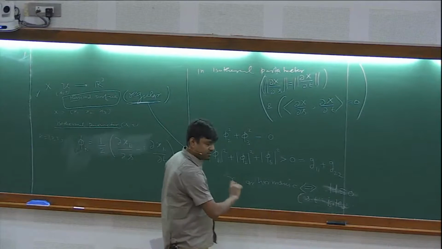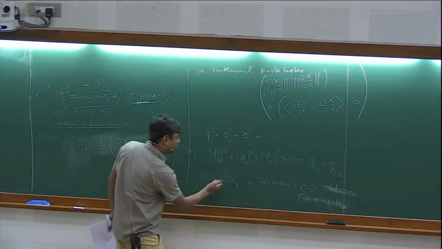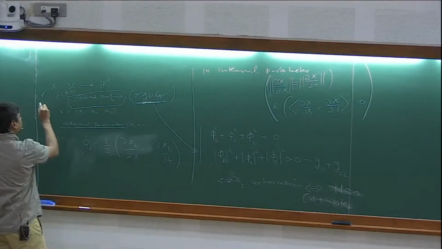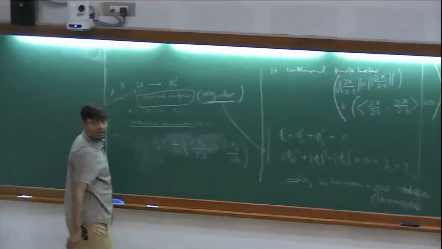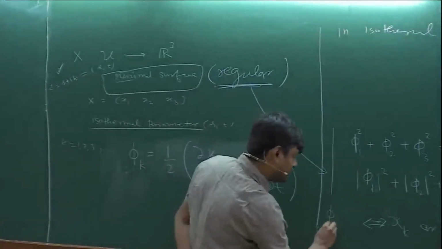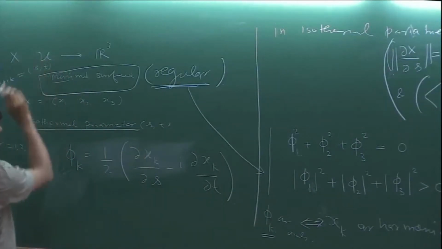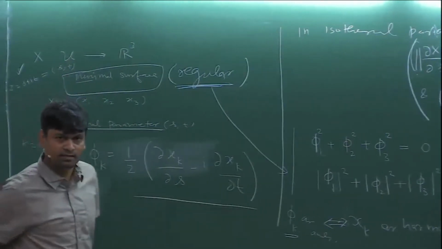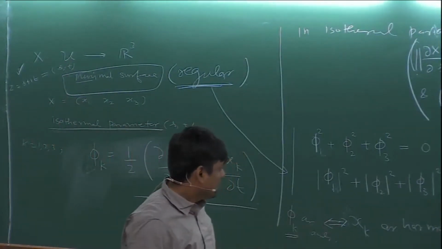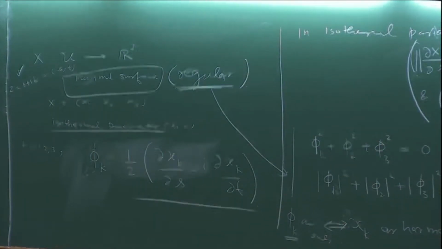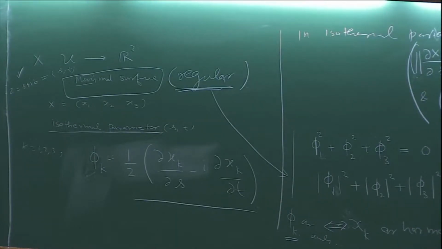So I'm going to write this. If the x k's are harmonic, if you identify this, then x k's harmonic is equivalent to saying that the phi k's are analytic, by Cauchy Riemann, if and only if. Now the geometric meaning of a minimal surface that we have seen is that every point is a saddle point, k1 and k2 being equal and opposite.